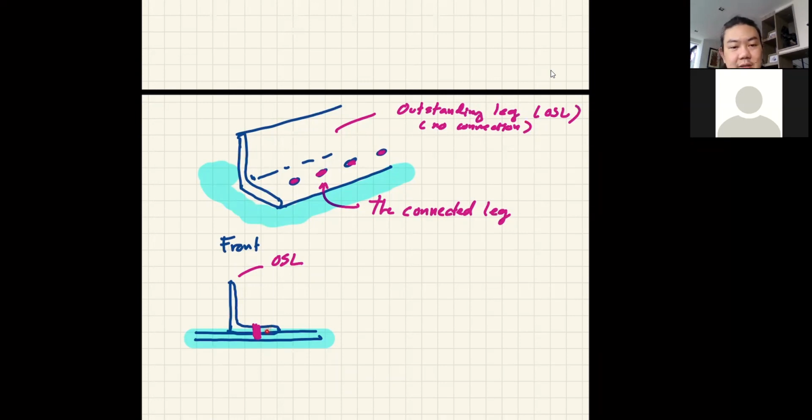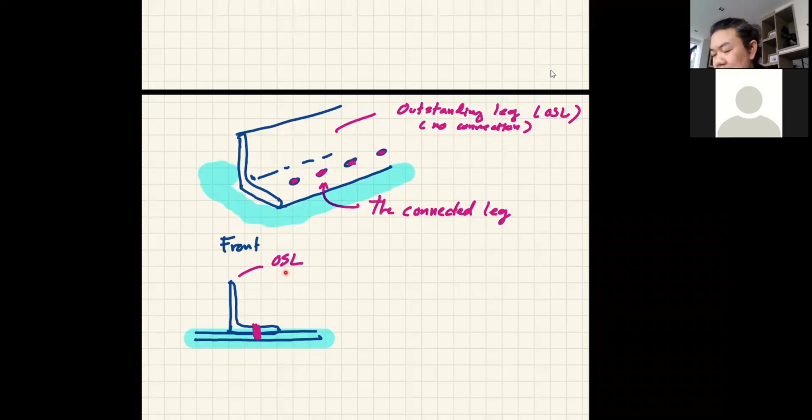So this shear lag problem will occur because we cannot connect every element of the section. When I say element, I mean these 2 legs. If we talk about this angle, we have 2 elements: this outstanding leg and this connected leg.